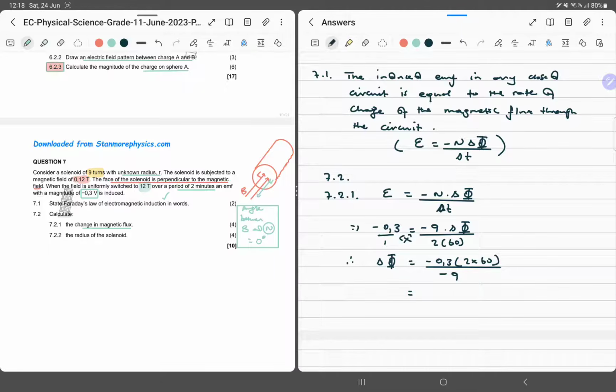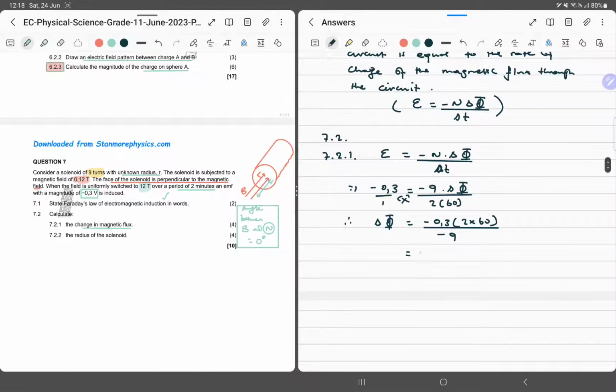Let's do it. The calculator says minus 0.3 times 2 times 60 divided by minus 9. That is a 4. Now what is the unit of measurement? It's Webers.